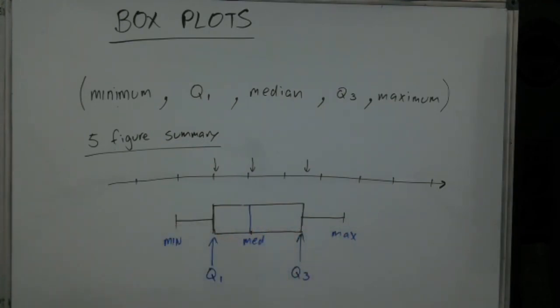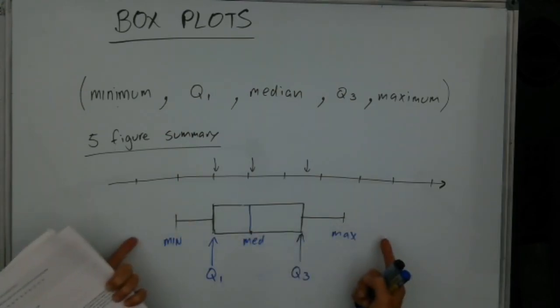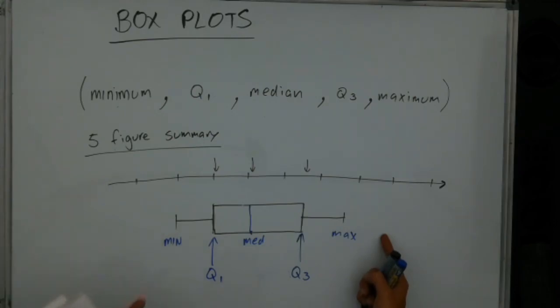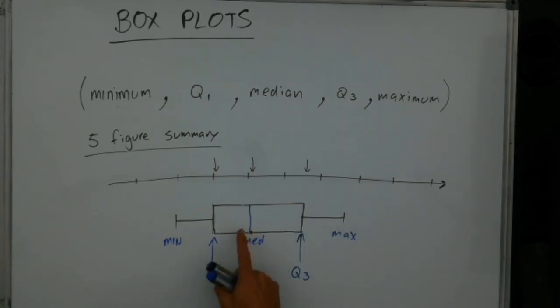But what I've found in the past when students do that is they just draw a generic box and write the values on, but the shape and spread of the box doesn't give very much of an indication as to the spread of the data. So it really depends on where these values sit as to how squashed up or spread out the data is going to be.